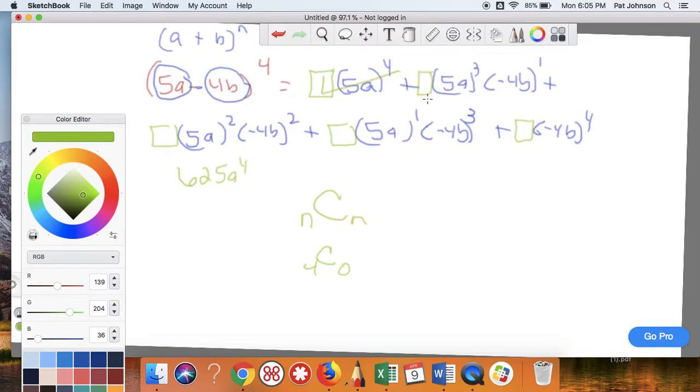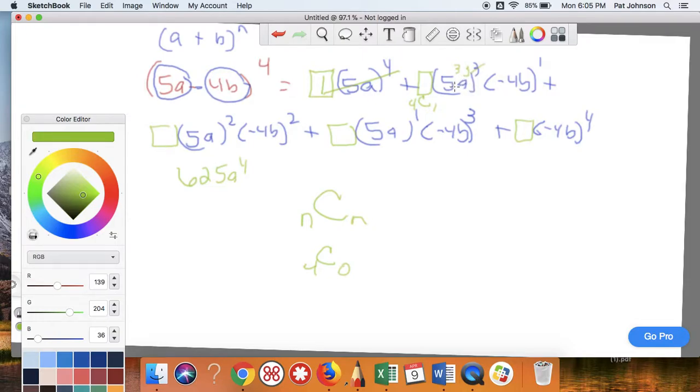And then this one is going to be C4, 1. So I hit math, probability, 3, 4, and 1, and I get 4 times 5 cubed. Okay, so remember this is 5a cubed, so you distribute using the power rule.